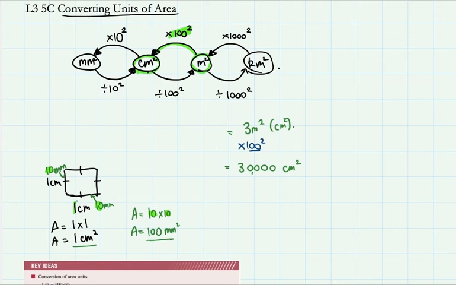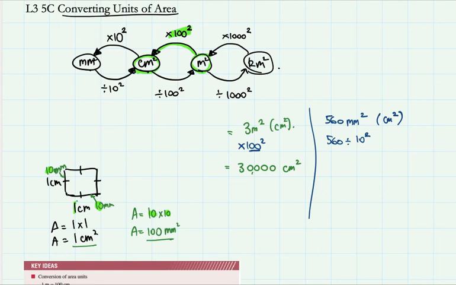Now let's just do one more. Maybe we are in millimeters squared. Let's say it's 560 millimeters squared, and we want to get it into centimeters squared. How do we do that? We go 560, but in this case divide by 10 squared.